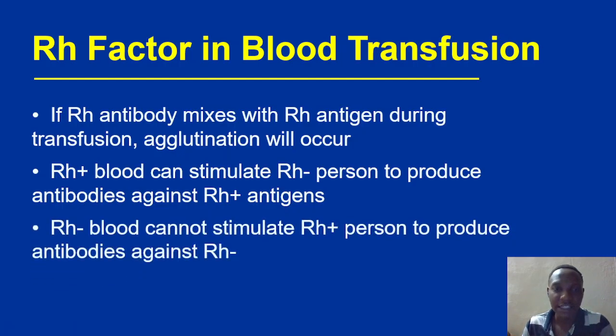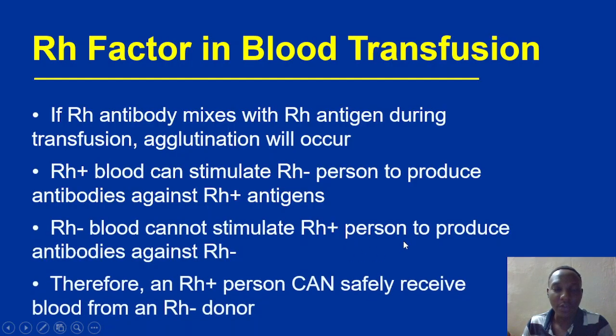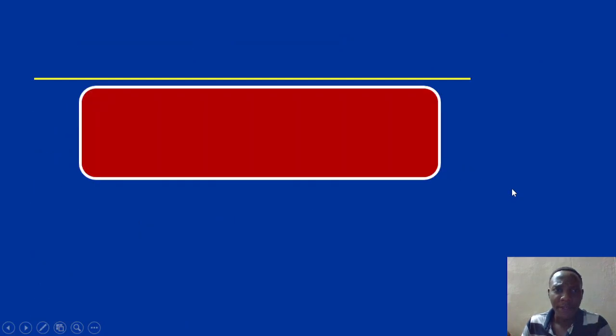Rh negative blood cannot stimulate an Rh positive person to produce antibodies. Therefore, an Rh positive person can safely receive blood from an Rh negative donor. That's the extra factor you have to consider in blood transfusion when observing the blood groups of various individuals.